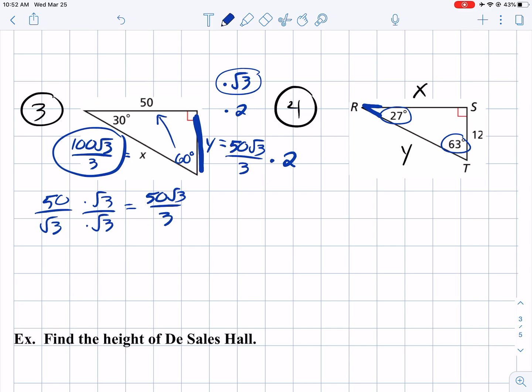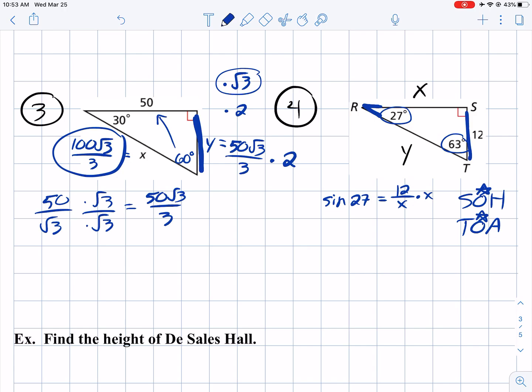So pick one of the known sides, which is the opposite side, and the two trig ratios that have opposite would be SOH and TOA. They both have opposite. So whichever one you want to use, I'm going to use sine. Sine of 27 equals the opposite side, which is 12 over x.